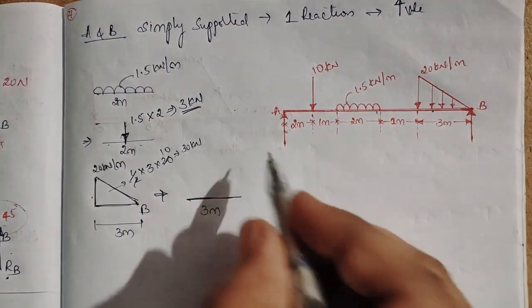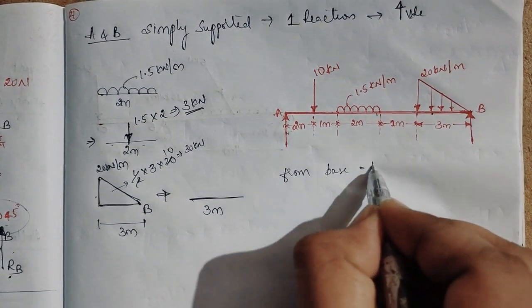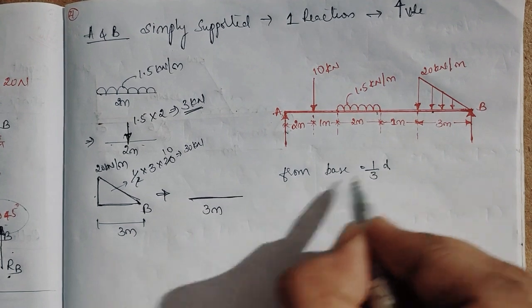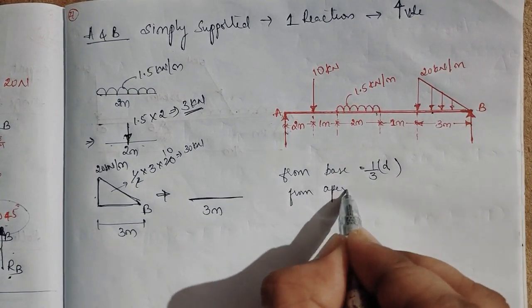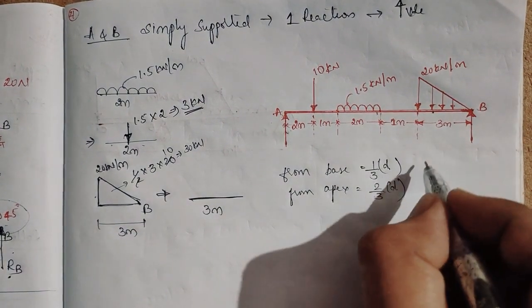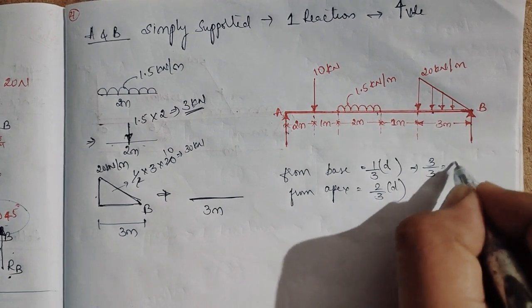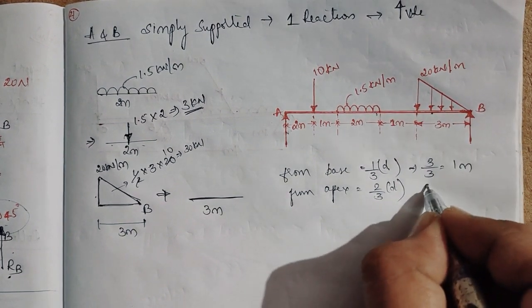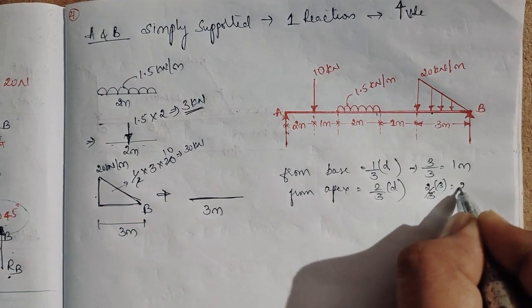If from base, what is the formula? 1/3 of D. If you take from apex, 2/3 of D, correct? So 1/3 of 3 will be 1 meter, and 2/3 of 3 will be 2 meter.